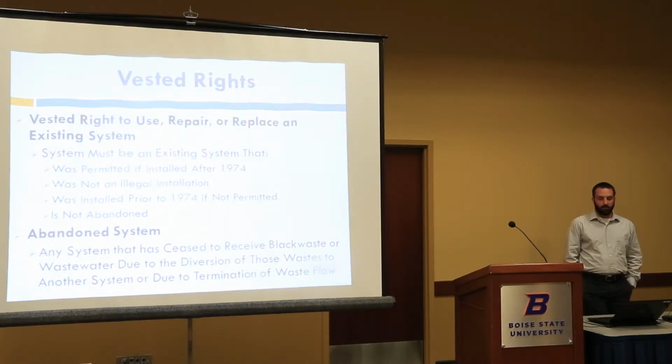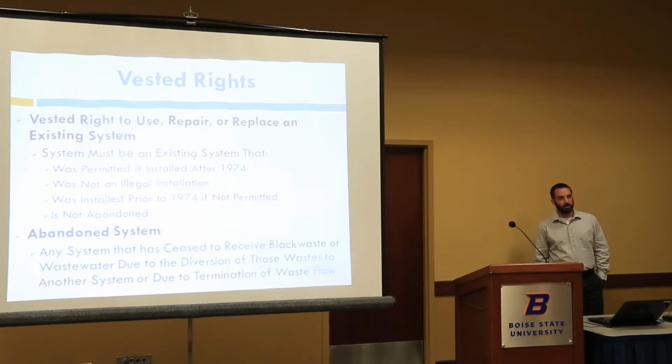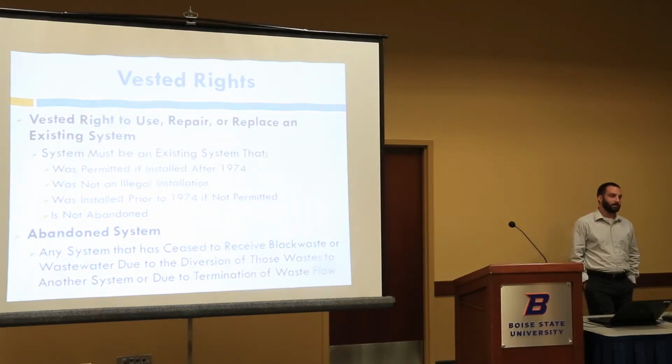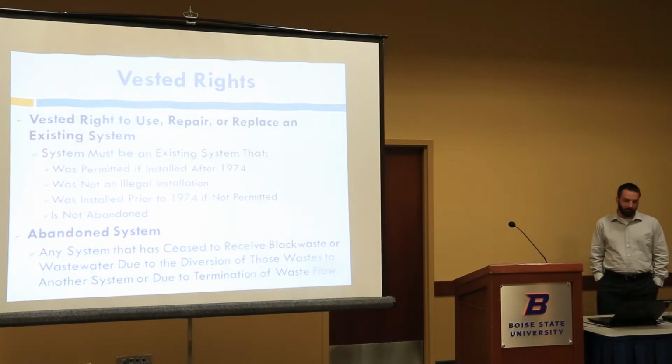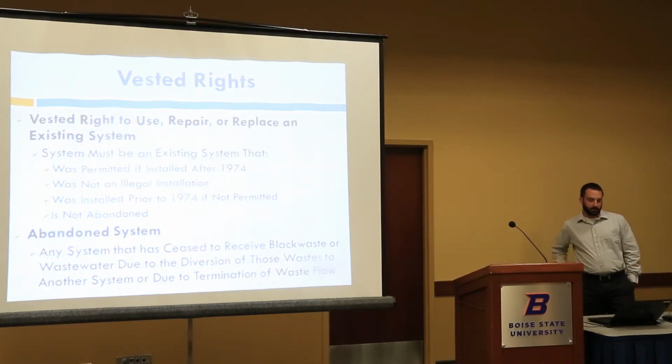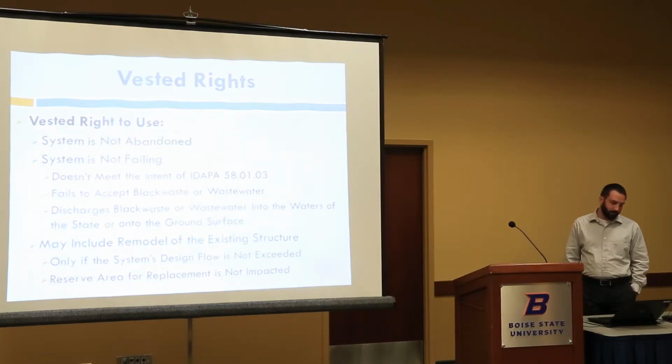There is no time frame related to abandoned systems, though we typically go with a one-year period where there hasn't been flows going to that system. But if it's evident that it's been abandoned, and maybe it's one they know absolutely doesn't comply with the rules, they might just call it an abandoned system or a failed system. We'll get to that definition too. But they all fall under this vested rights issue.